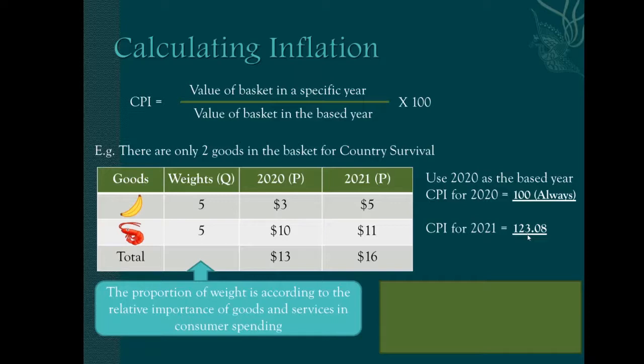So now we see 123. Forget about the decimal place. How do we explain this number besides saying inflation? Price level rose by 23%. Can you make it more detailed? There's one more sentence left to complete the entire explanation.